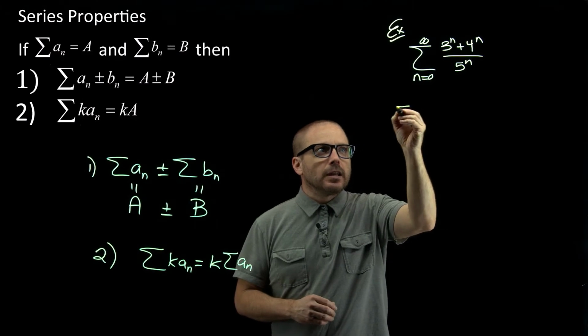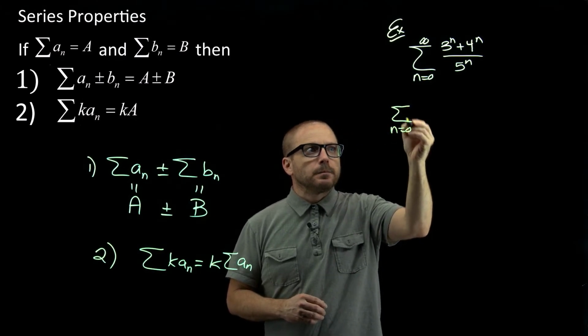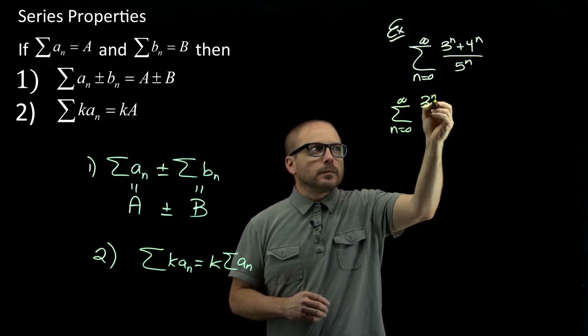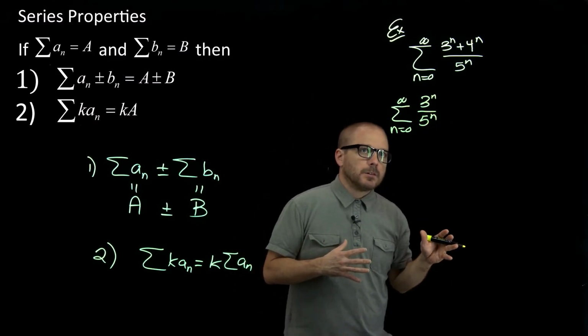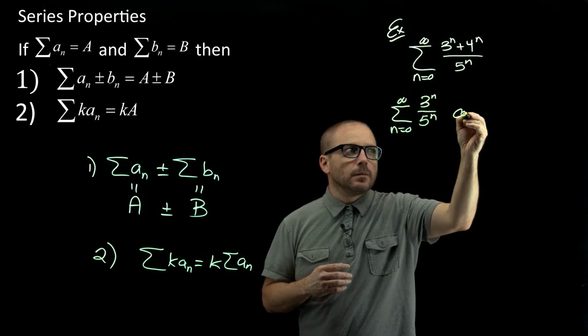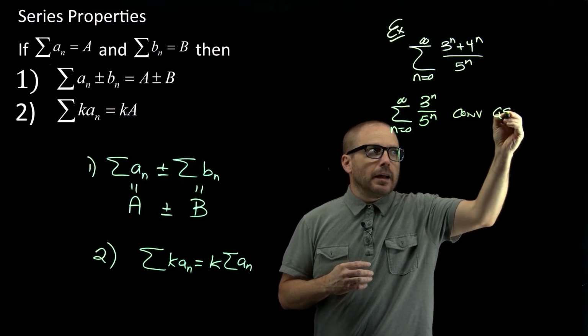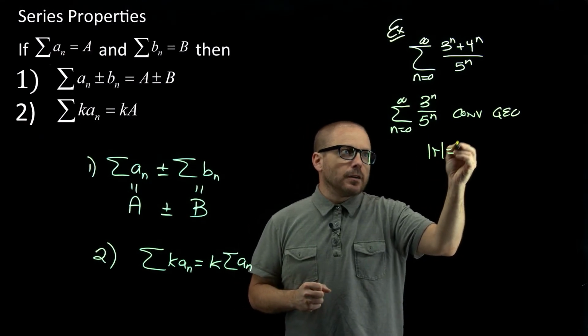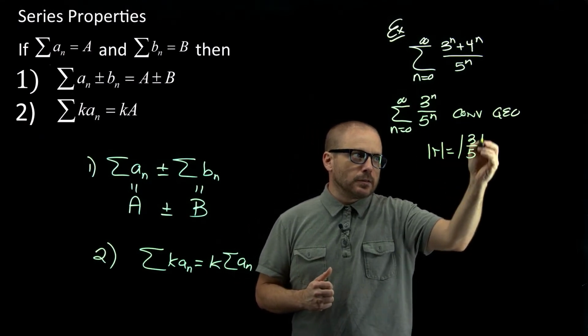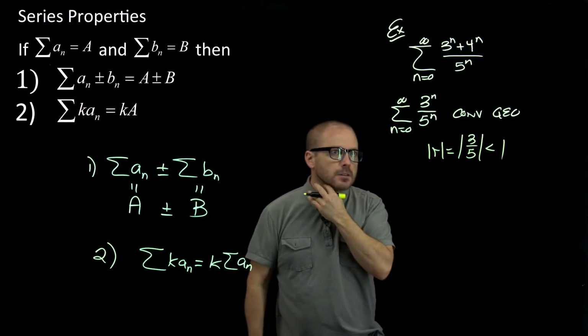If I look at the series 3 to the n over 5 to the n, that's geometric. And it converges because the absolute value of r is the absolute value of 3/5, which is less than 1.